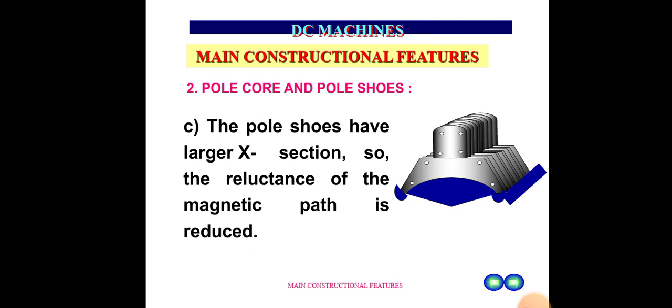So, the pole core is a part of the magnetic circuit and the pole shoe is an extended part of the pole core. It has a larger cross section, so the reluctance of the magnetic path is reduced.